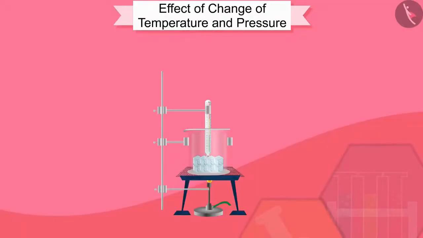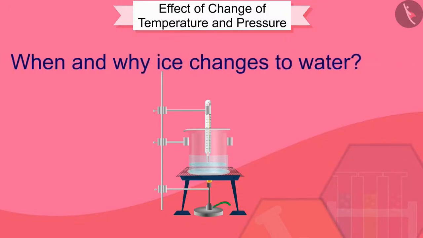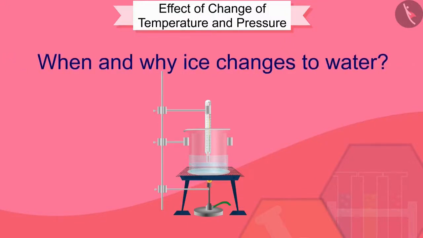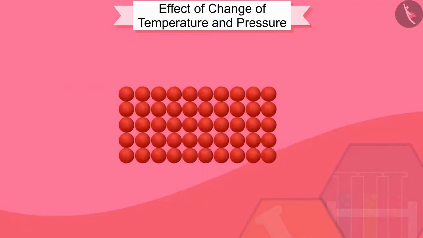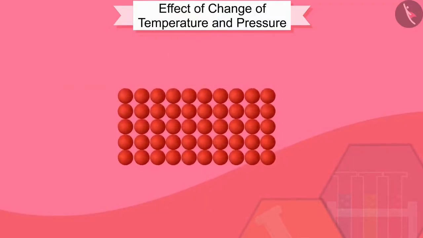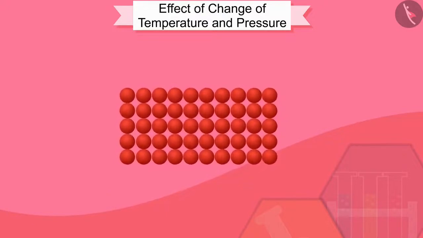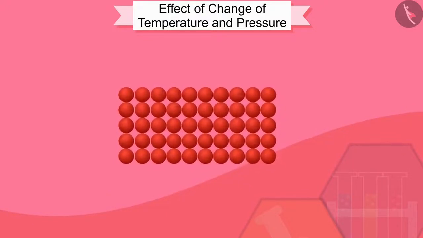Let us first discuss observations in the conversion from ice to water. First of all, we will see when and why ice changes to water. When we start heating ice, the kinetic energy of particles present in ice or solid increases as the temperature increases.